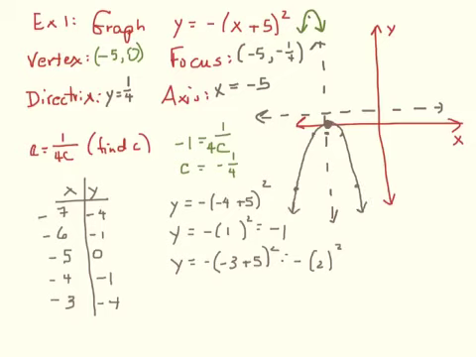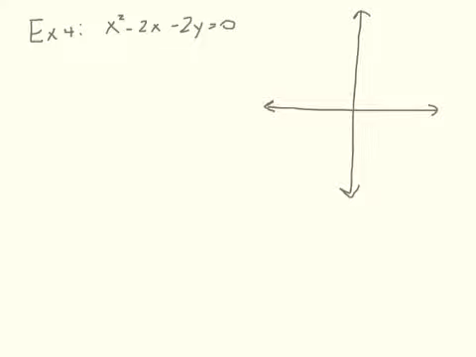Now let's try another parabola, and we're going to put some more detail to it and also complete the square to find our equation. Now we need to put this parabola's equation in standard form, and the reason I know this is a parabola, it only has one square variable.